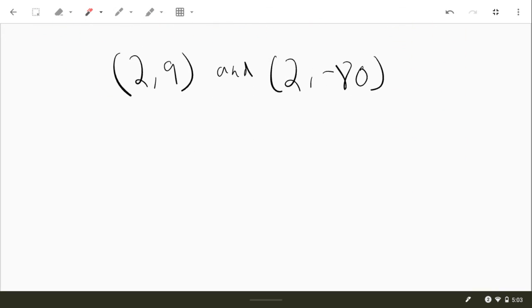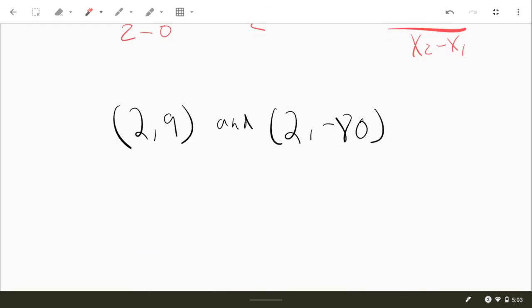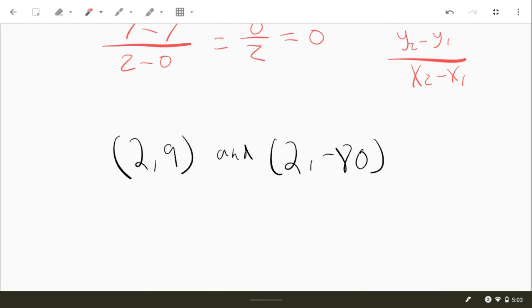On the next one, Y2 minus Y1, that's going to be 9. Well, I guess I'll do it the other way. Negative 80 minus 9. And then on the bottom, we're going to get 2 minus 2. That's negative 89 over 0. That's a problem.